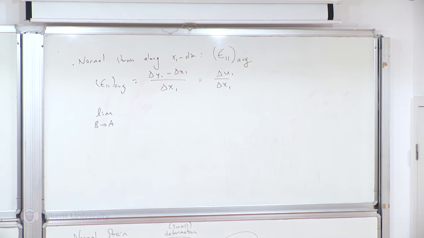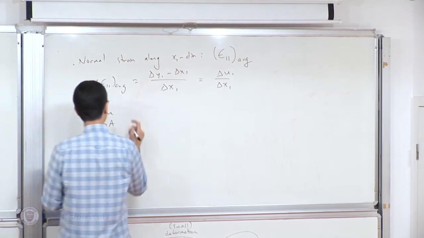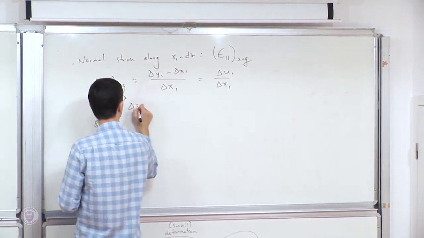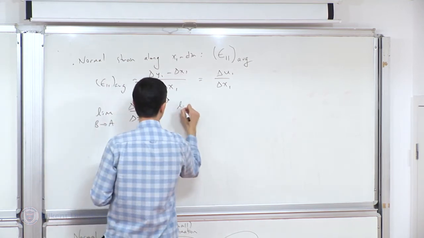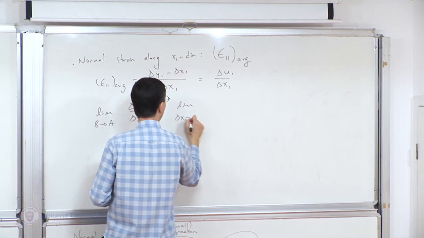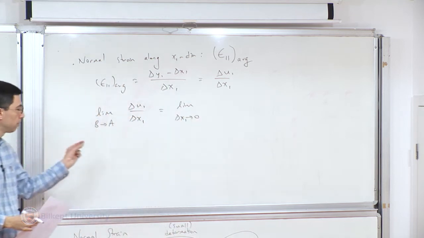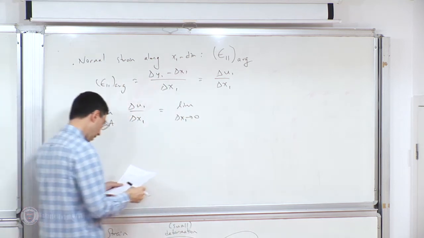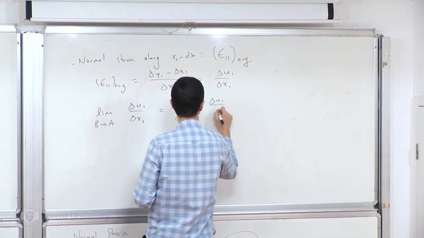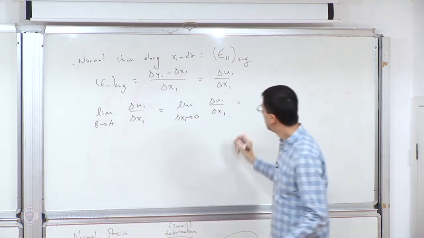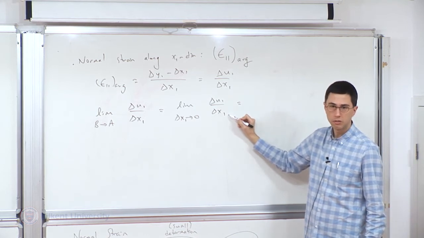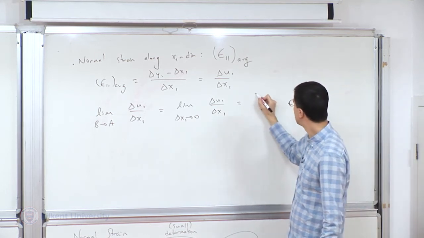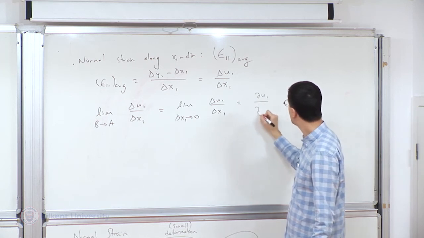As b approaches a, mathematically, this delta x1 is going to 0. Distance is shrinking. And I'm looking at the same ratio, delta u1 over delta x1. And the result of this operation is nothing but the partial derivative. Right? This is the definition of the derivative.